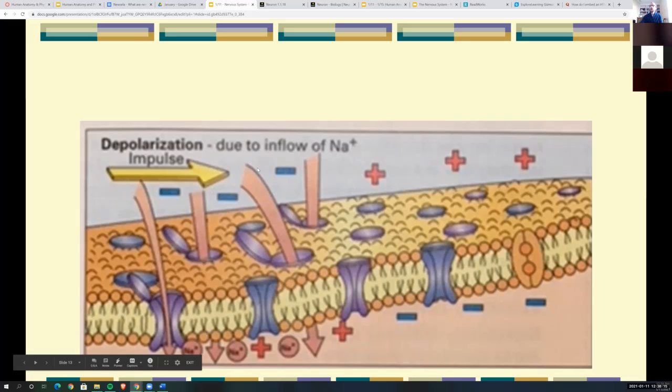It moves one section at a time, changing the charge from negative to positive, flooding the cell with sodium because these gates open, causing the overall inside to become positive. For just a moment, we depolarized the membrane.